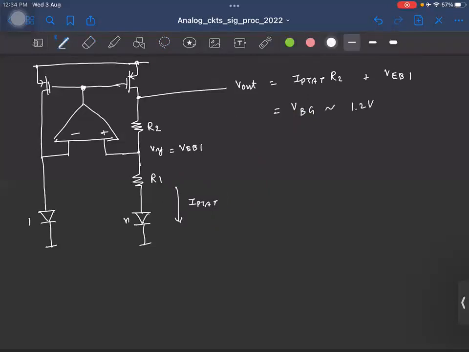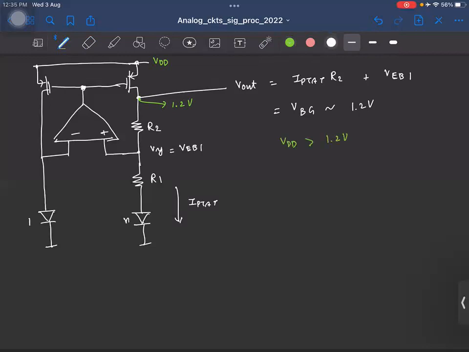Okay. Now, basically this node is at 1.2 volt. So can you comment on how much this supply must be? It should be greater than 1.2 definitely, right? So VDD must be much greater than 1.2 volt. Okay.